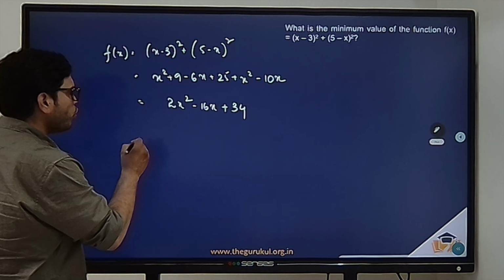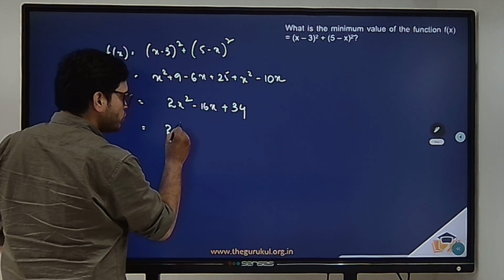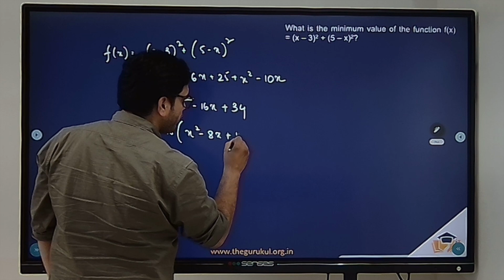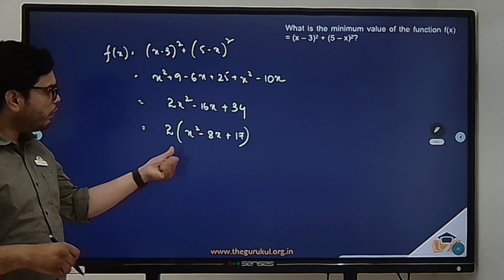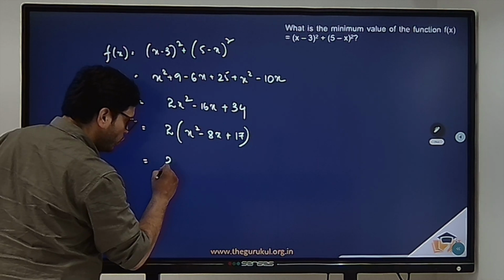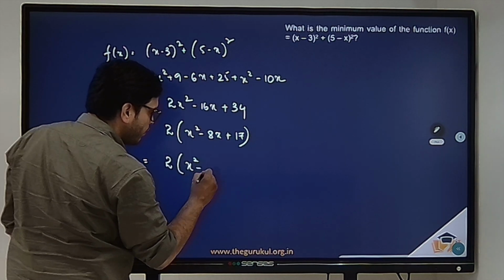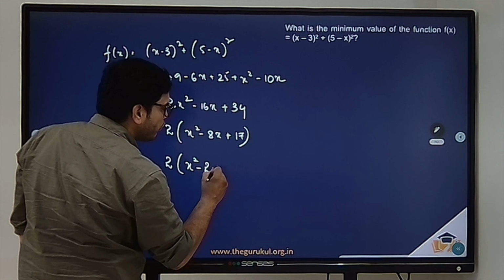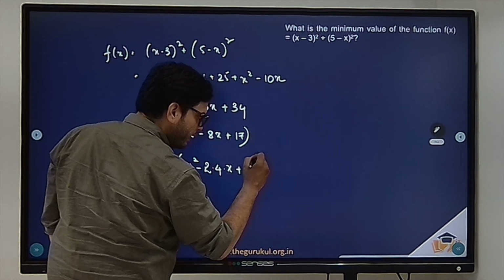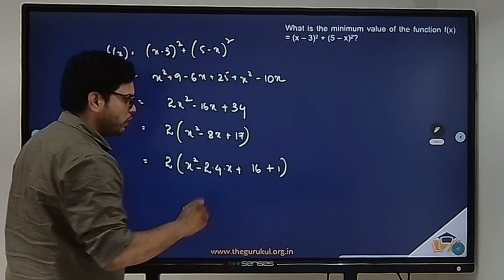Now let me take 2 common. So I can write this as 2 into (x square minus 8x plus 17). Now x square minus 8x, I will rewrite this as x square minus 2 into 4 into x. Let me write 17 as 16 plus 1.